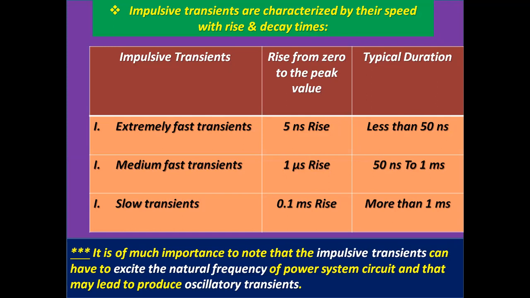Points to be noted: it is of much importance to note that the impulsive transients can excite the natural frequency of power system circuit, and that may lead to produce oscillatory transients.